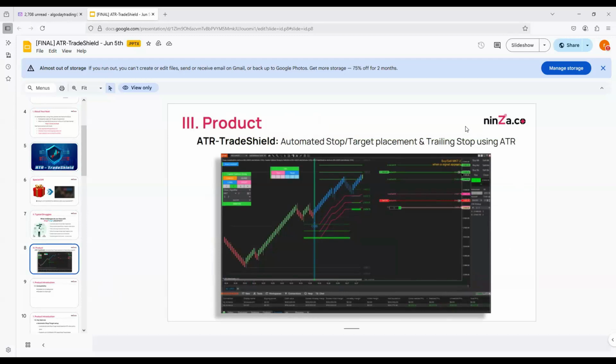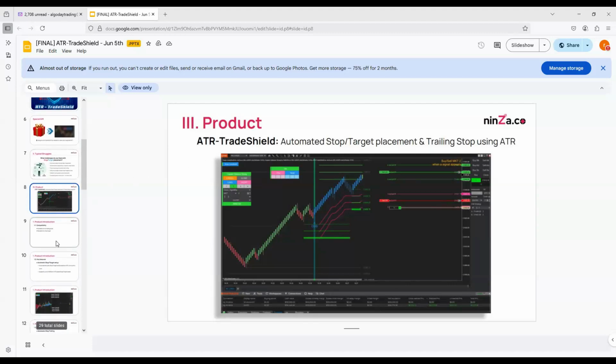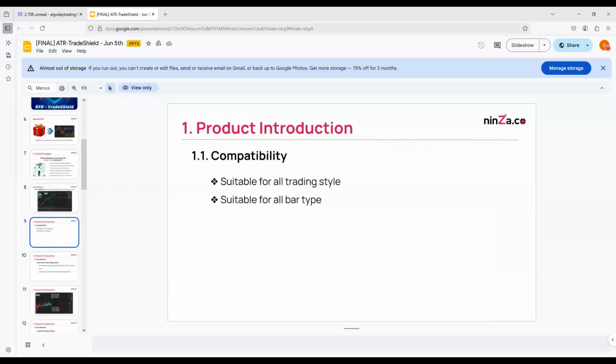What is it that you are looking for? 2 times ATR, 3 times ATR, 4 times, whatever you choose in the settings, it will determine where the stop and target should be based on ATR, based on volatility, which is the average true range. It can do it at a click of a button, so it's really quick, which of course is what we need when we trade. We will get to a live chart, and I'm going to be demonstrating how this whole thing works.